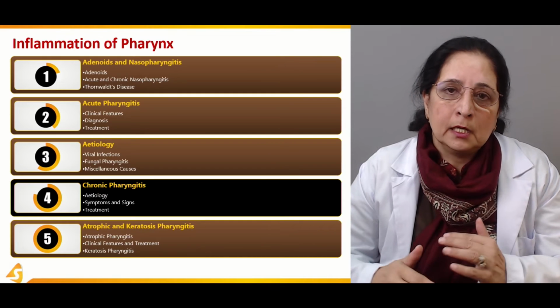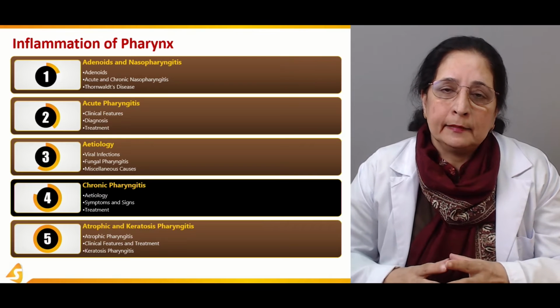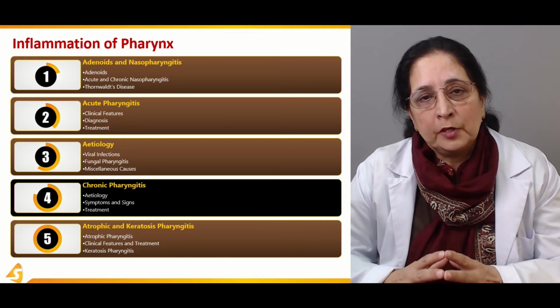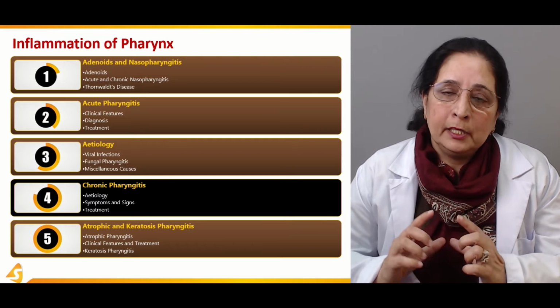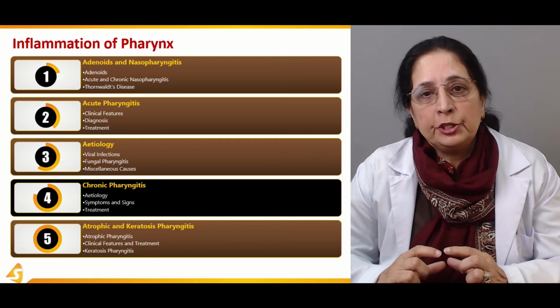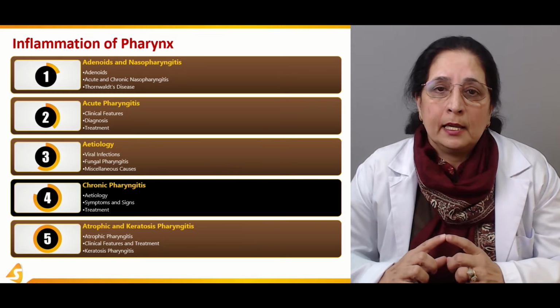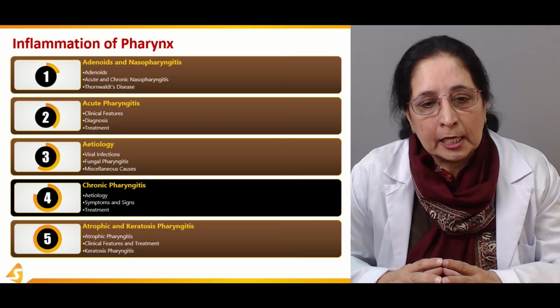Now we will discuss chronic pharyngitis, when the pharyngitis is recurrent and present for a long duration. What are the causes of chronic pharyngitis? How does the patient present, and how do we diagnose and treat it?